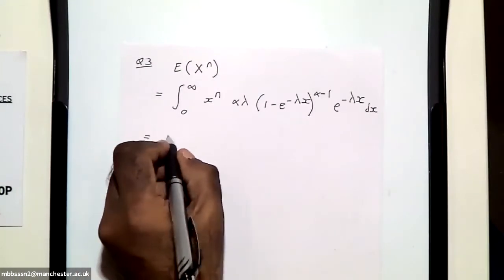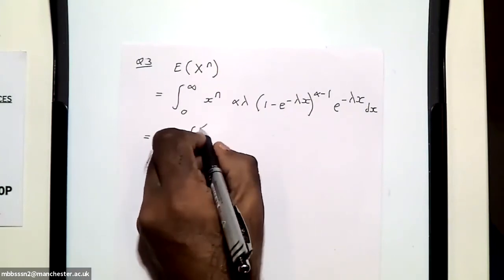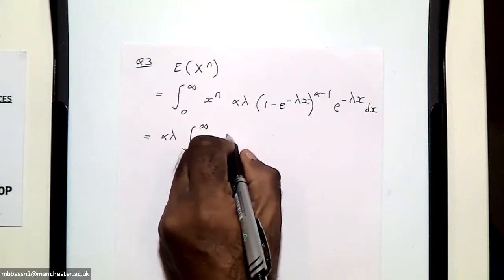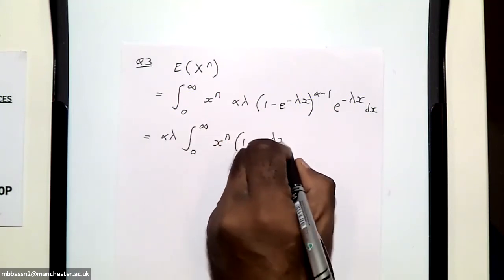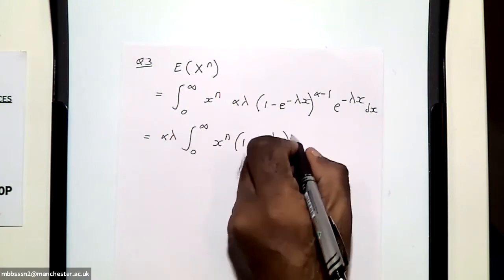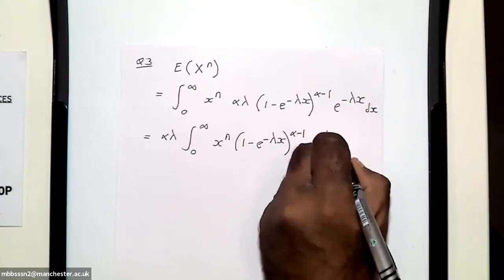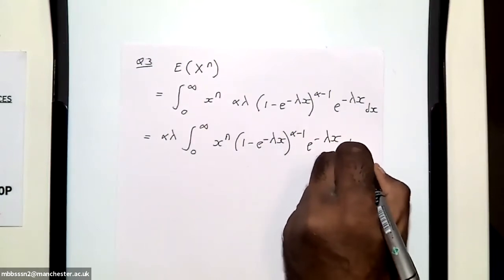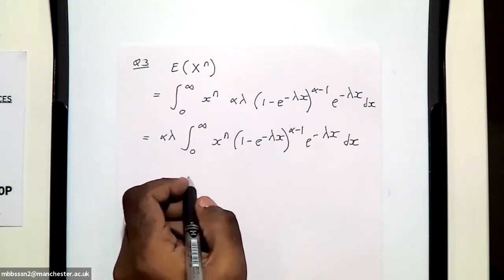So this is alpha lambda times the integral from 0 to infinity of. All right, in the next stage, the next thing you need to do is to make a substitution.